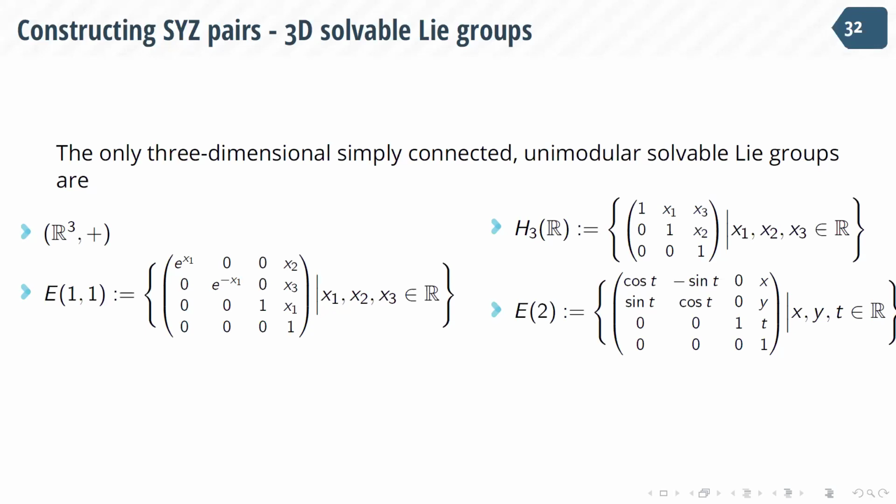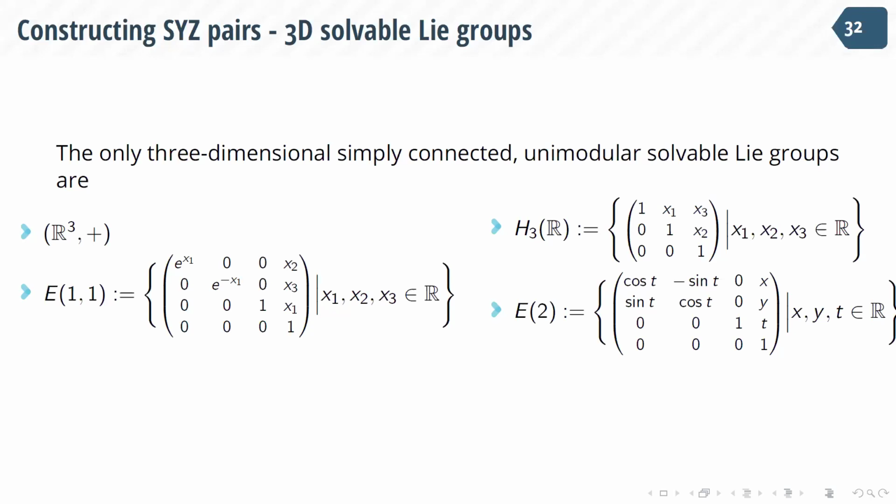All the results for the cohomology work mainly for the nilpotent case, and in the solvable case, in the completely solvable case, with some adjustment, but they don't work at all for the non-completely solvable case, so we have excluded it. But topologically, they can be used to obtain semi-flat mirror pairs as well.